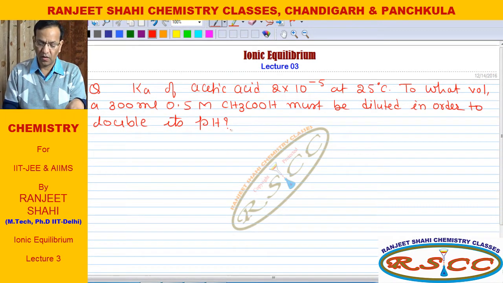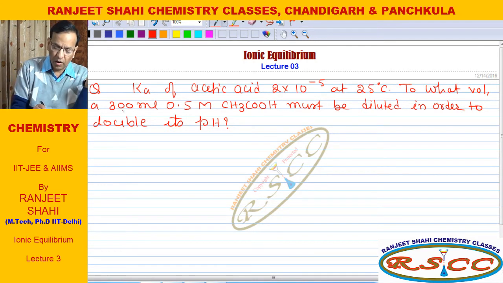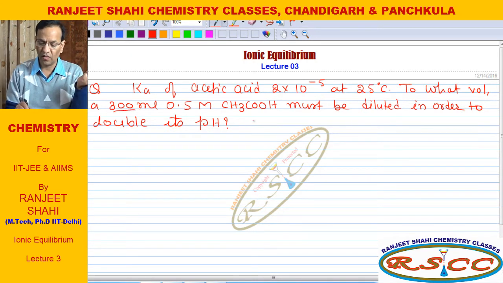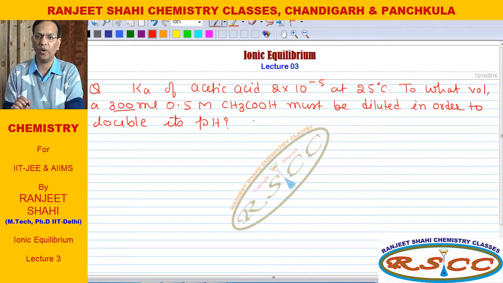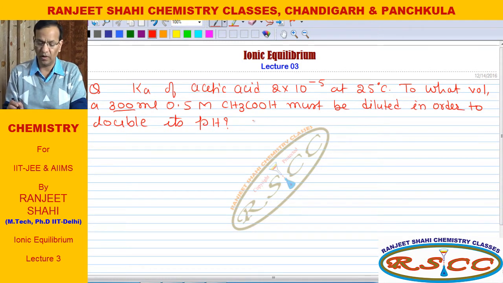So the question is, we have been given 300 ml of an acetic acid solution whose molarity is 0.5. So we want to dilute it till its pH is doubled.